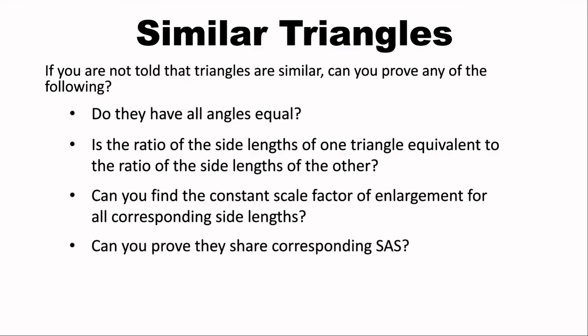And finally, can you prove that they share corresponding SAS? That is, that they have one corresponding angle and the side lengths on either side of those angles follow the constant scale factor of enlargement. Make sure you've got a good note down and you've got a good grasp of those 4 points before we go on to the practice.